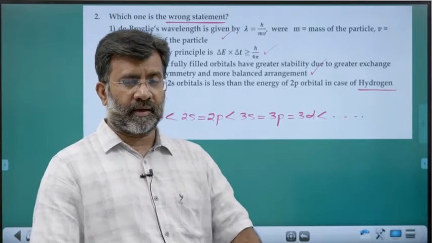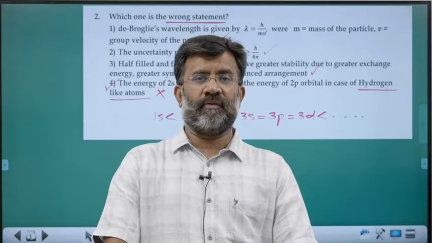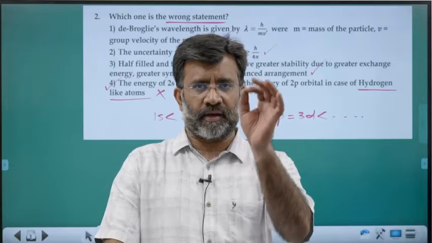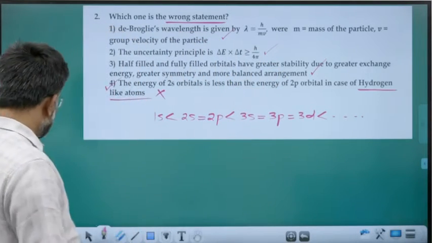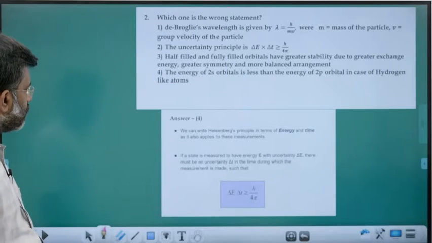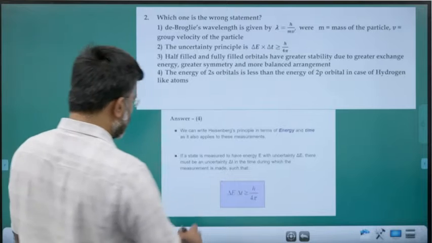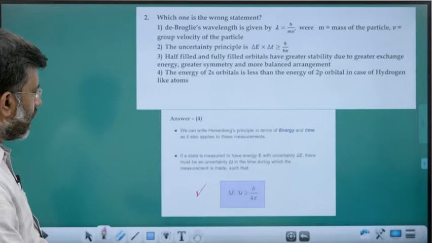For multi-electron atoms, the energy of an orbital is decided by n plus l value. For the hydrogen atom, it is decided by n value alone. You have been taught that in class, hence the answer. This statement is regarding the uncertainty principle written in the form of energy.